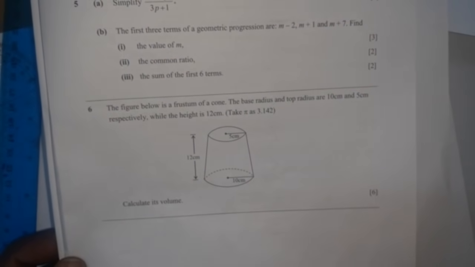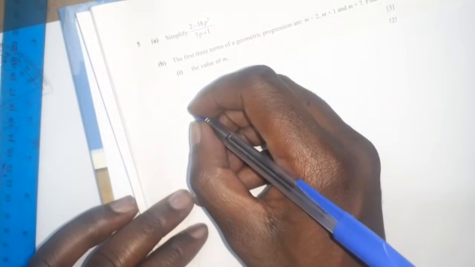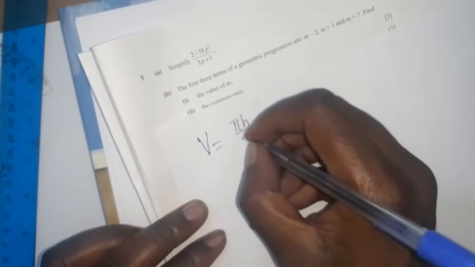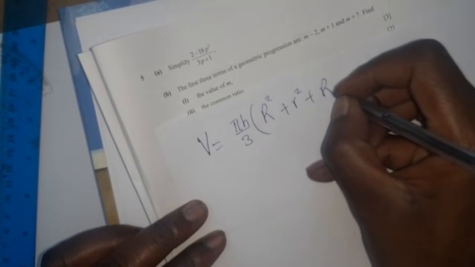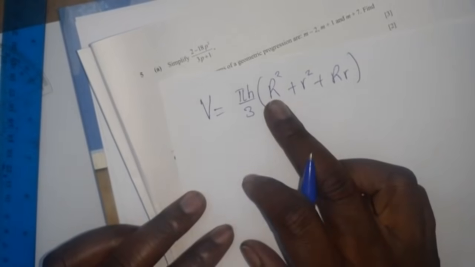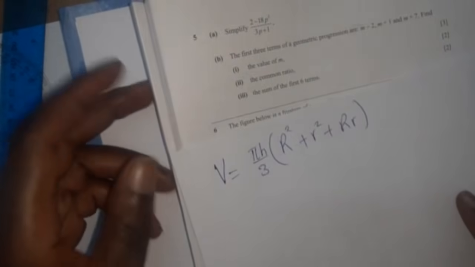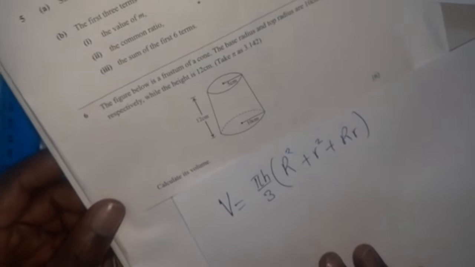We want to find the volume of this frustrum. So what formula do we use? The volume of this frustrum is pi h over 3 multiplied by capital R squared plus small r squared plus capital R multiplied by small r, where capital R is the radius of the bigger circle and small r is the radius of the smaller circle. So it's a question of us just putting these things in the formula.